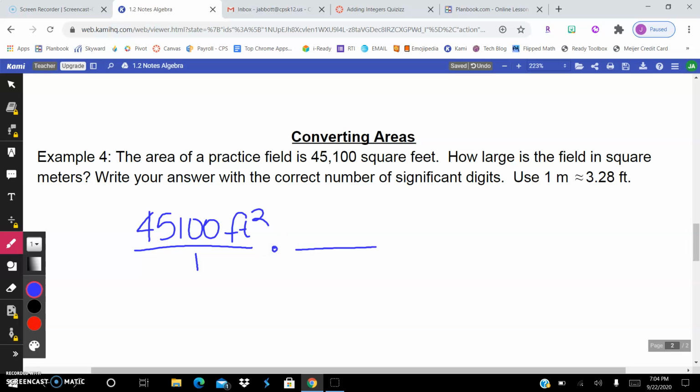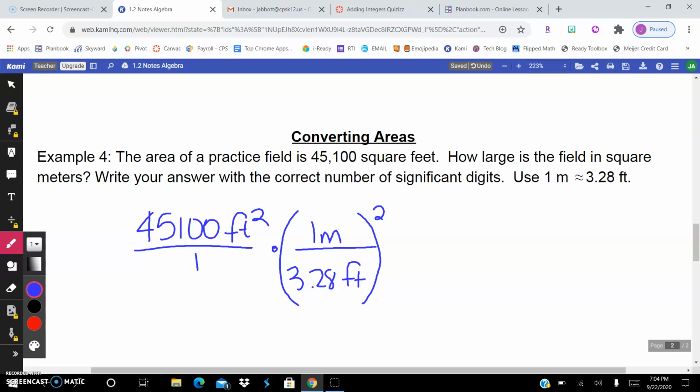So this is feet squared. They told us 1 meter is about 3.28 feet. If I want feet to cancel, feet has to go on the bottom, so 3.28 on the bottom and 1 meter on the top. But the 45,100 is square feet and the 3.28 is just regular feet, so we have to square this.